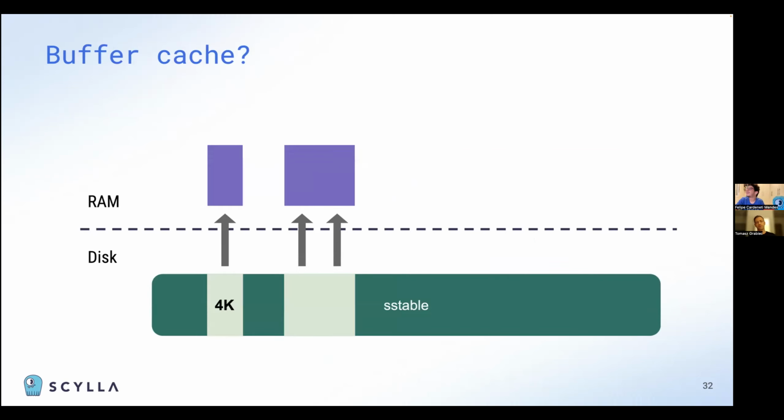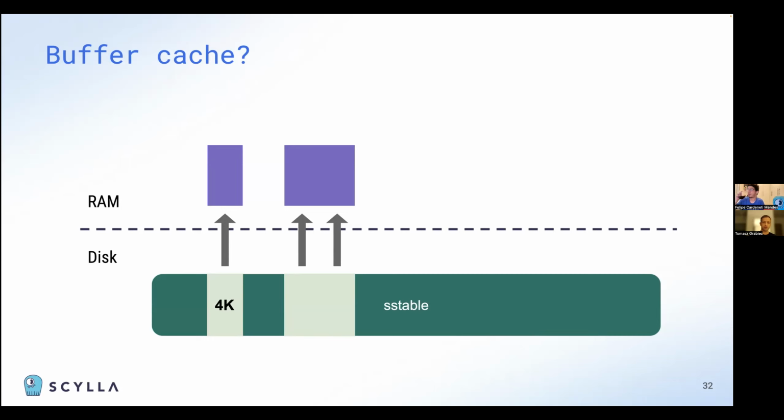And the easiest way to implement such a read-through cache is to have a buffer cache where we cache the parts of the files which we have on disk. We cache those parts in memory. That's, for example, how the Linux page cache works, right? You have 4 kilobyte pages, and on access to the file, if the page is not in memory, then we bring it to memory from disk. If it's in memory, then we serve from memory.